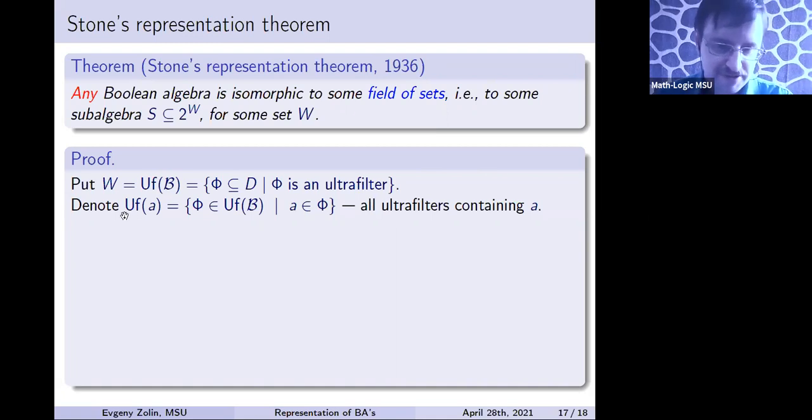As in the previous theorem, let us consider all ultrafilters of A. What does it mean in this case? All ultrafilters phi such that A is an element of phi.